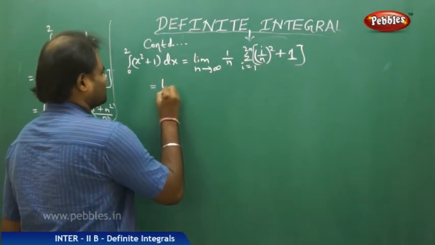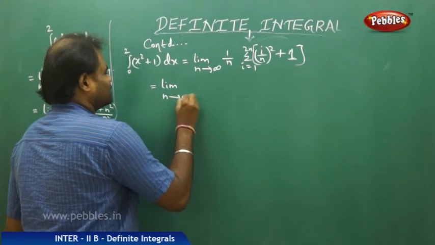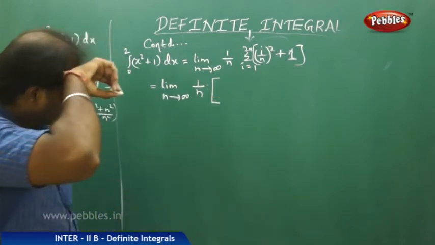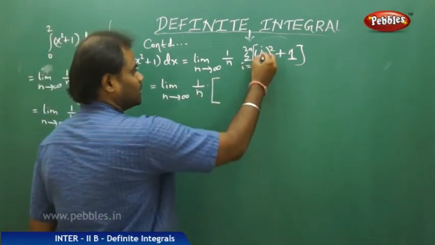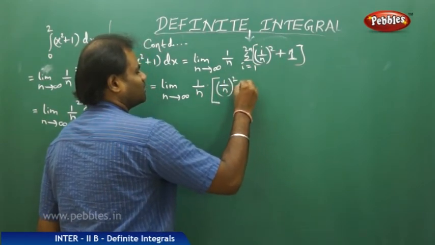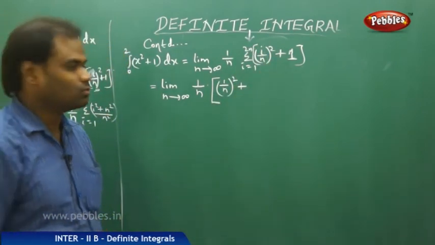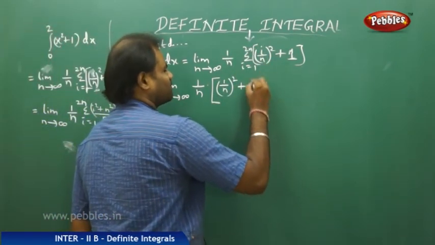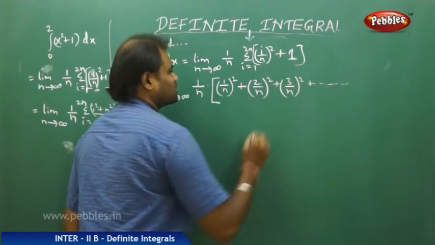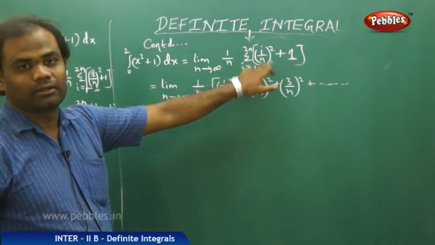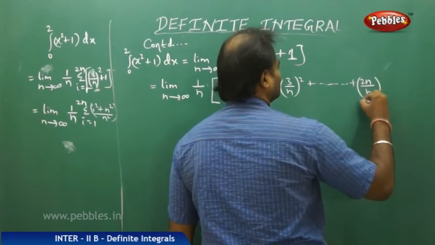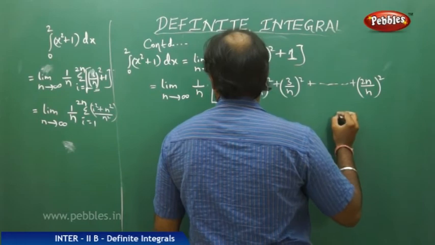In this case, I get the limit as n tends to infinity of 1 by n, and the summation which runs with i equal to 1 initially has first i equal to 1, which gives 1 by n whole squared, and the next value of i, which is 2, gives 2 by n whole squared, 3 by n whole squared, and proceeding similarly, the last value is 2n, which gives 2n by n whole squared.